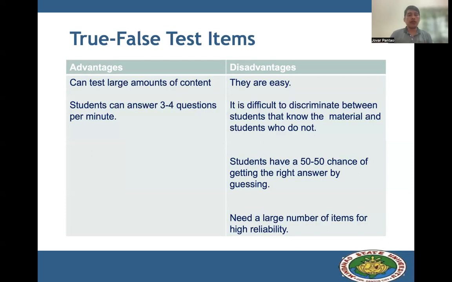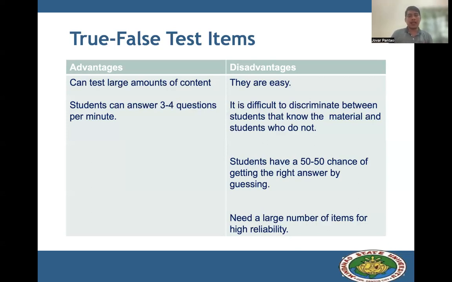Also, the true or false test items can make the students answer 3 to 4 questions per minute. So there would be a lot of test items that you can include, and it can probably cover a lot of competencies that you need to test for, as long as the test items are actually checking on the knowledge and understanding skills of the students.